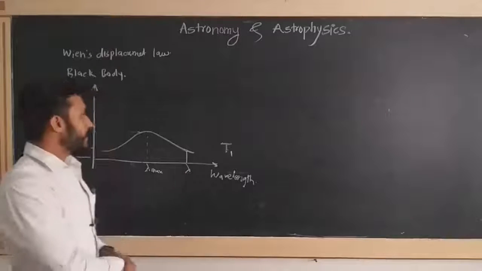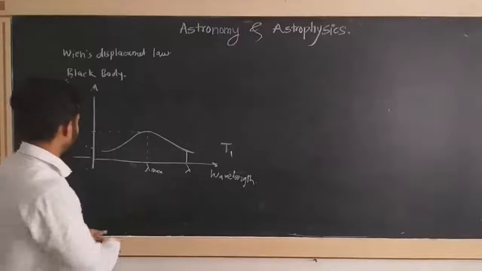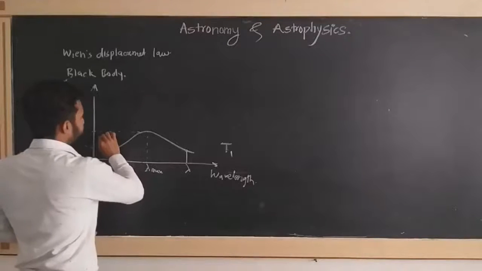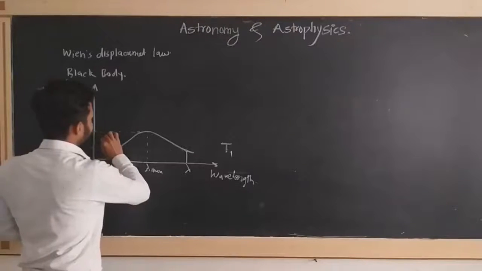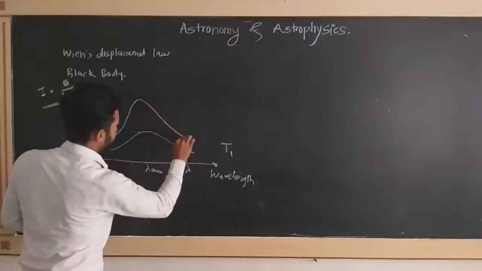It is observed that when we increase the temperature of the black body, the maximum intensity peak is shifted.